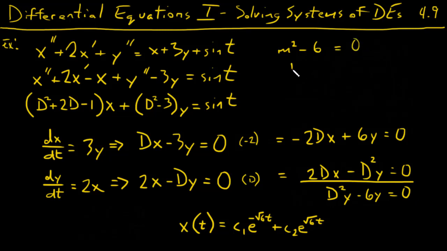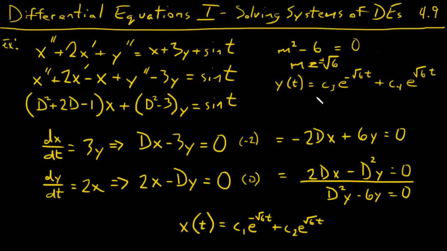Well, what do you know? m equals plus or minus root 6. Okay? So I get the same thing. Except now I'm going to get the following. y of t equals C3 e to the negative root 6t plus C4 e to the positive root 6t.